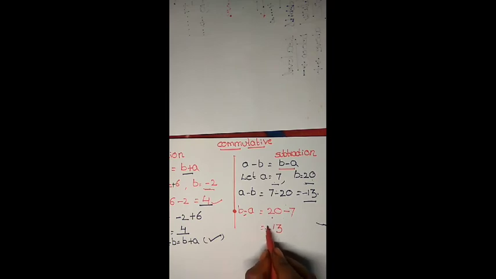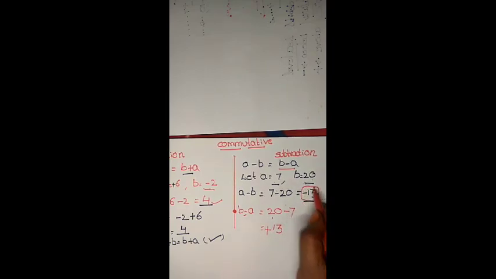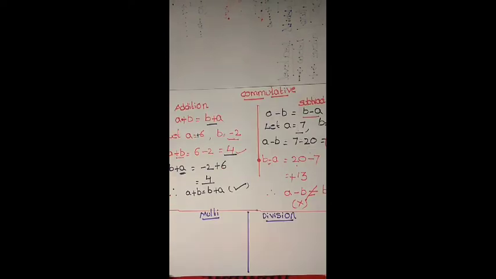If you observe, here we got plus 13 and for a minus b it is minus 13. Our values of a minus b is not equal to b minus a, as the numbers are the same, but the signs for a minus b and b minus a are not equal. So the commutative property of integers under subtraction is not satisfied.